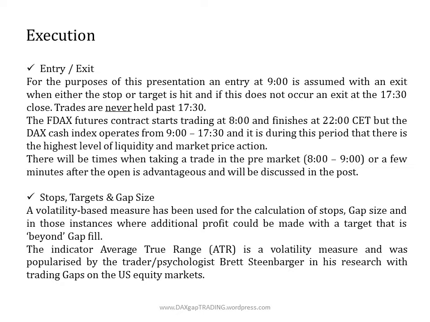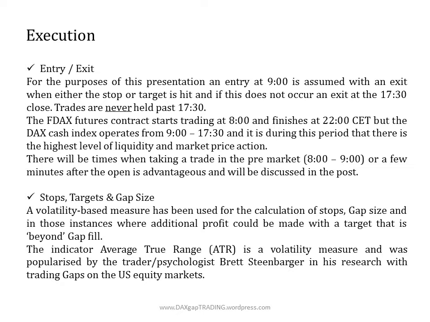Okay, let's look at stops, targets, and gap size. For these calculations, I use a volatility-based measure, and in those instances where I'm looking at an additional profit beyond gap fill, so not directly at gap fill, I will also use a volatility-based measure.